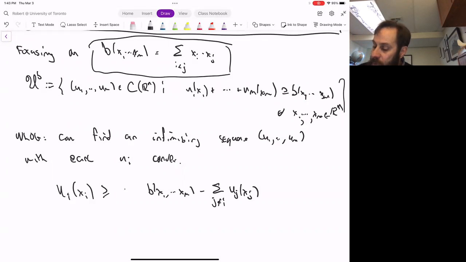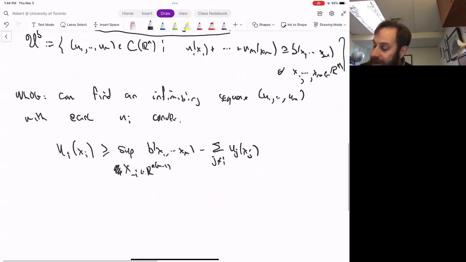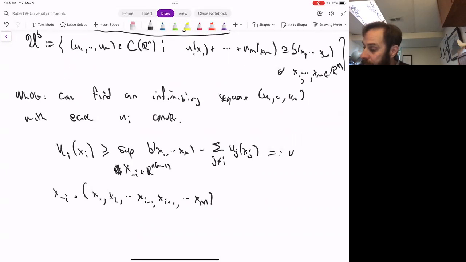And so it dominates the supremum over x minus i in R^n to the m minus 1, where my convention is that x minus i is basically x1, x2 up to x(i-1), x(i+1) up to xm. And so I would call this thing here ui hat of xi.